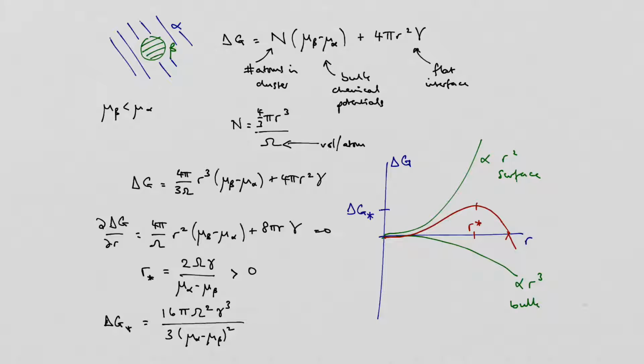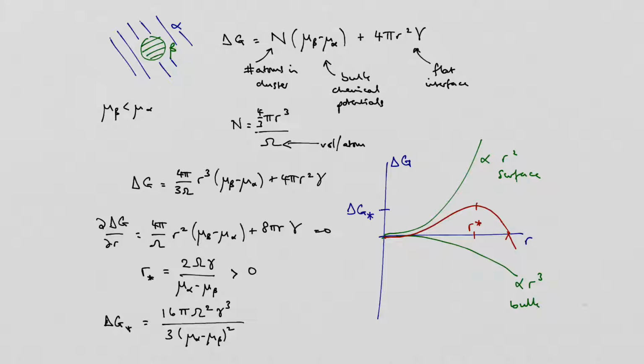Even if they're both above the critical size, eventually the average energy of an atom in the small one is higher than in the big one, because its surface area per atom energy is higher. So it will want to diffuse to the big one. The smaller ones will shrink and disappear, and the big ones will grow. But that's different from nucleation.